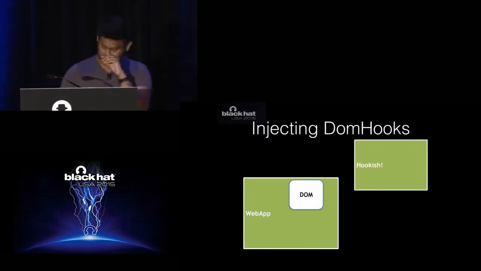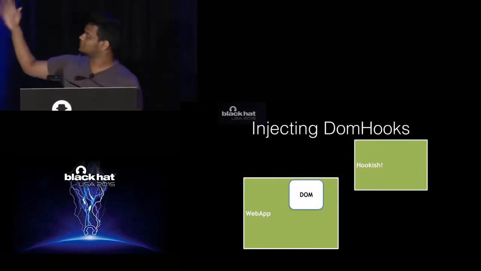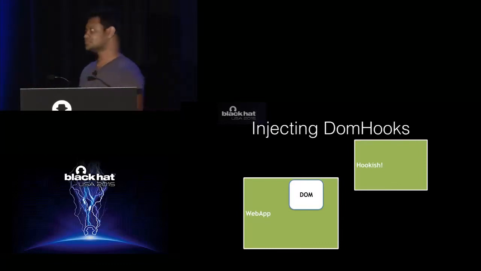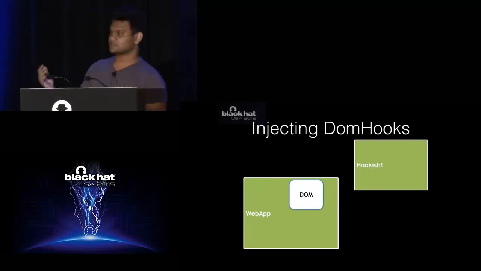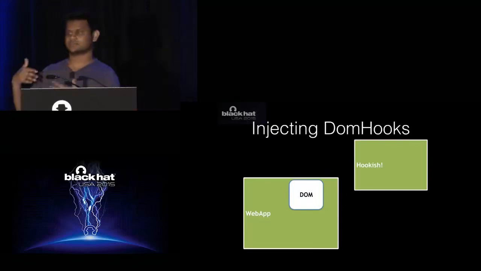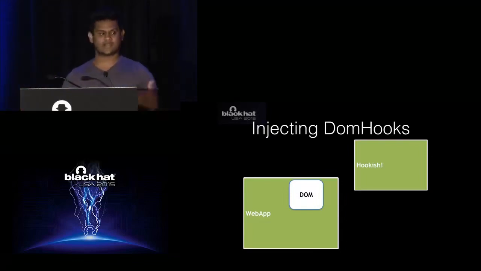As you can see, the Hookish green bar over here is the extension, and you have a web app with its own DOM. One of the things you should do when trying something like this is be careful that you don't mess with the already existing DOM. Otherwise, the existing web app won't work properly, right?